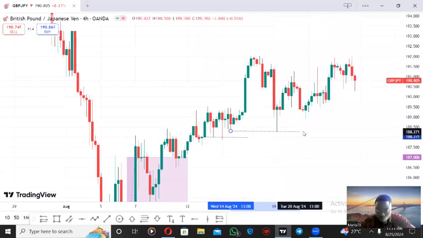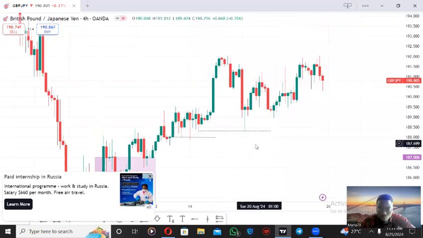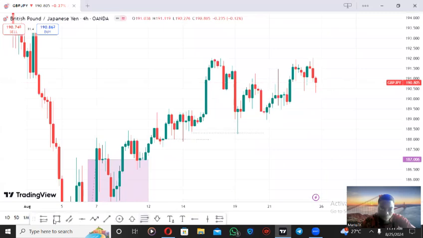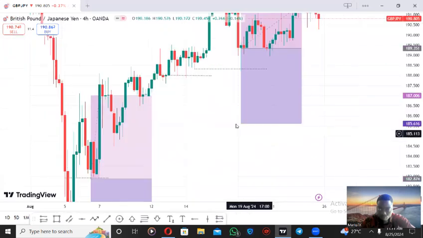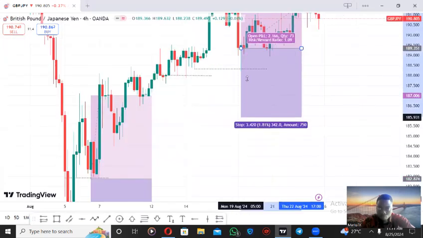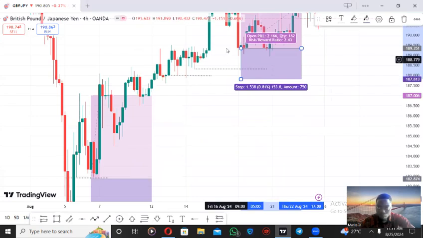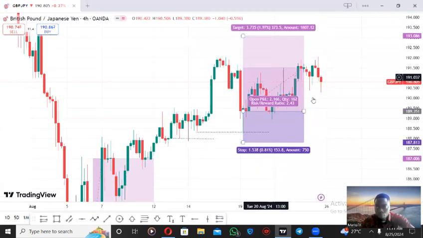So as we swept it, you should be looking to enter. Now take note, you enter after the candle has closed. So here you would have entered from. You can't keep your stop loss here. So by now you should have proper risk management.